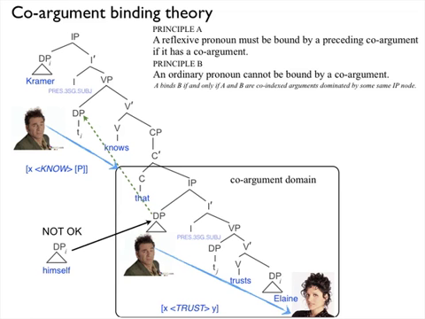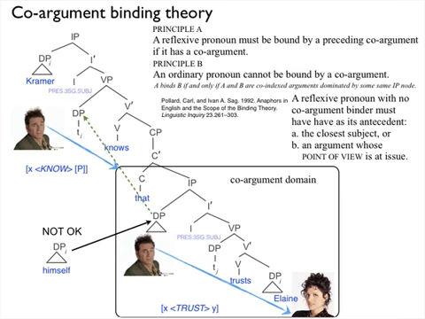Himself is no good, and that's okay because himself would have to be bound within the lower clause if it were anywhere. But if it doesn't have a co-argument binder, then it can have as its antecedent the closest subject. So now notice we can put in he himself here, right?